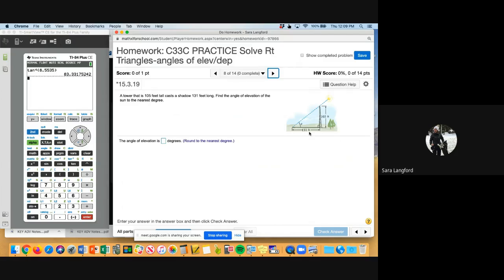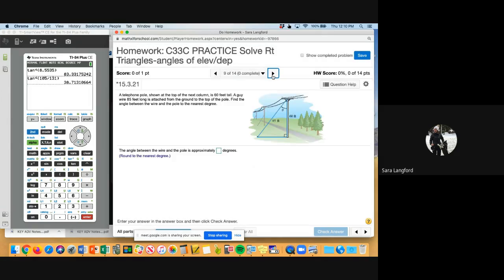So again, that would be tangent. So on your calculator, you're going to do inverse tangent, and then you're going to put what the tangent is. So 105 over 131. And so that angle is going to be, to the nearest degree, 39 degrees in this example.